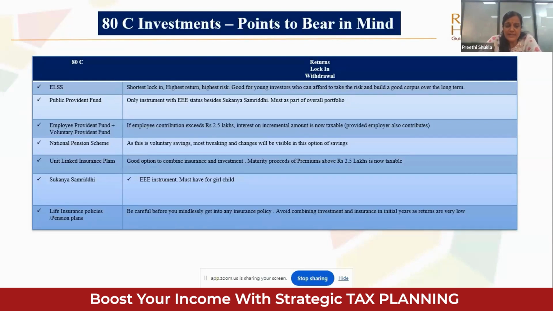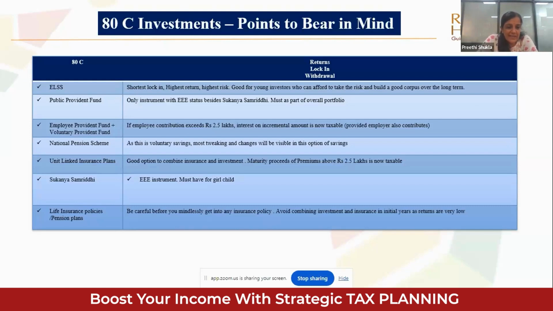Life insurance policies: use this as a risk management tool. Please go in for a simple life cover and health cover. Health cover does not come in 80C, it comes in 80D, and we'll cover that later. Be careful before you take up any money back or endowment policy, because the returns are very low.